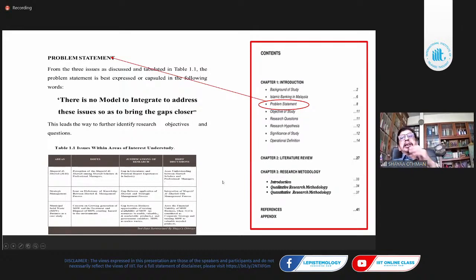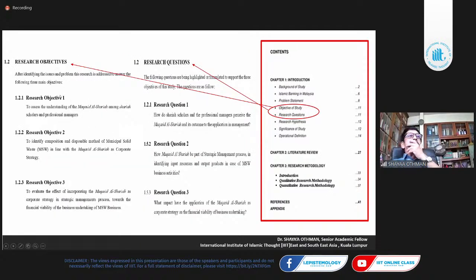You see, this is an example, and of course your research objective here. You have already determined the research objective. We have capitalized it in simple form: research objective 1, research objective 2, research objective 3, and this is the research question relating to the research objective and so on. You see? This is an example.